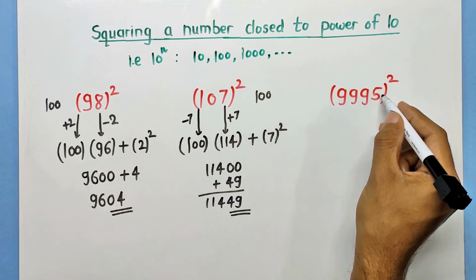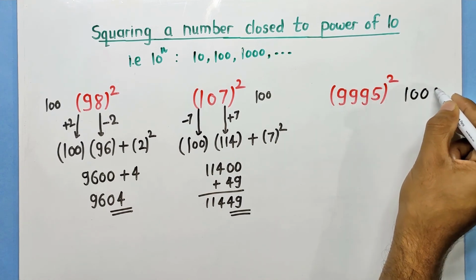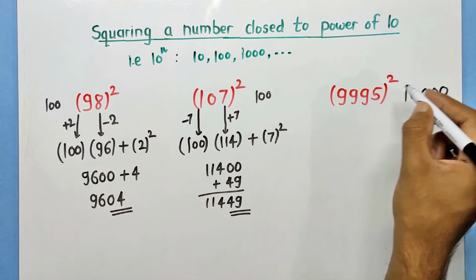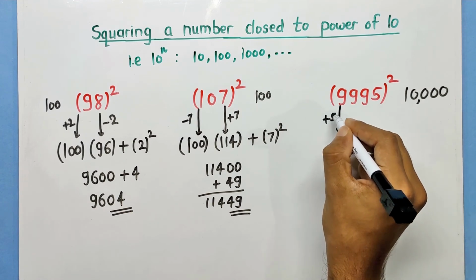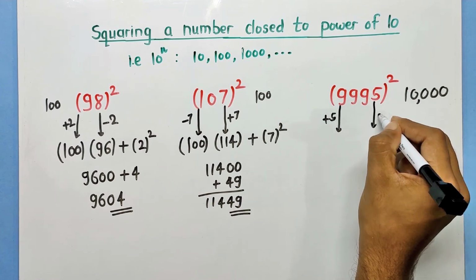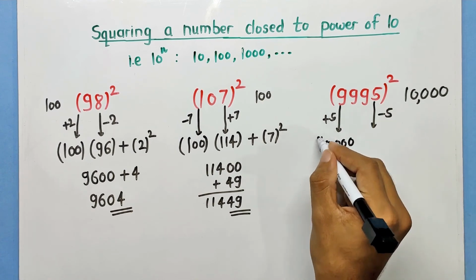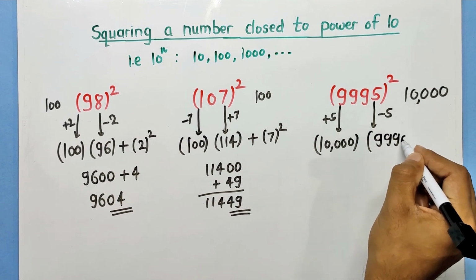Let's find the square of this number. So this number is close to 10,000. So to get up to this number, we'll have to add 5 to this number and also subtract 5. So we get 10,000 here, and here we get 9990.